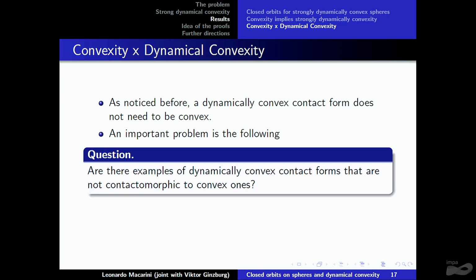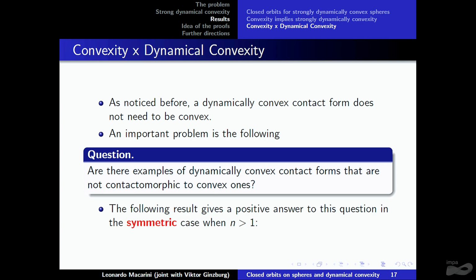Are there examples of dynamically convex contact forms that are not contactomorphic to convex ones? Using the fact that in the symmetric case convexity implies more than dynamical convexity, we were able to give a positive answer to this question, at least in the symmetric case.